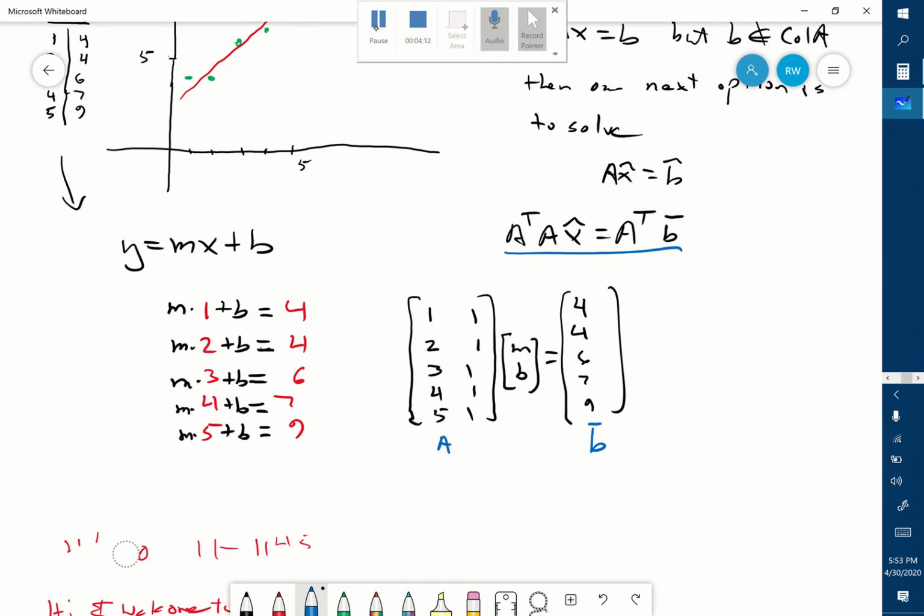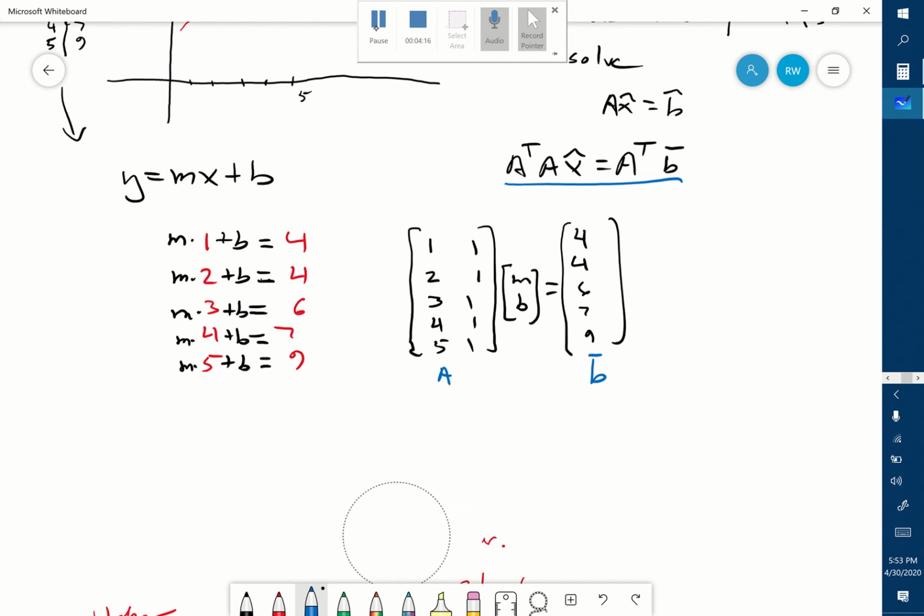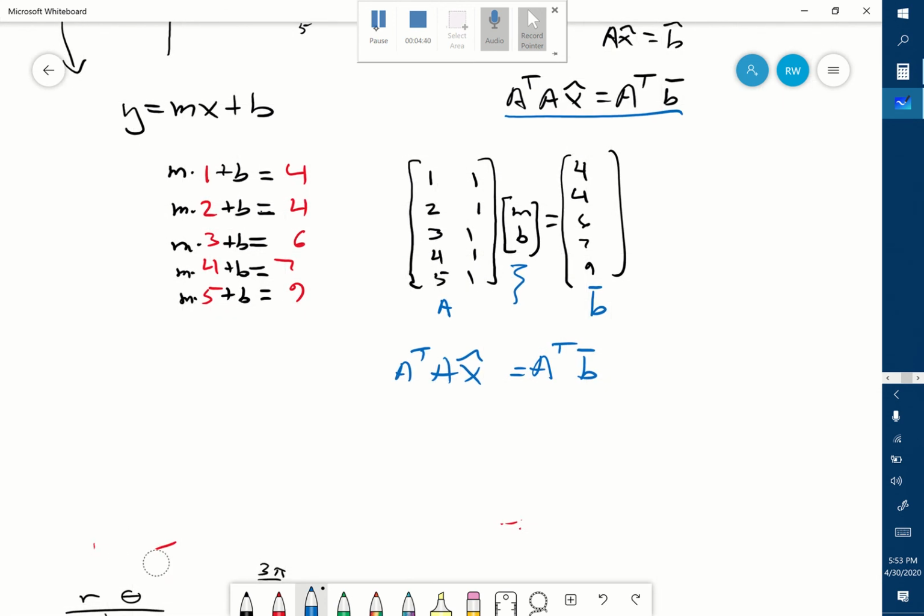So to solve it, we'll use this formula. What we have to do is run it through A transpose A times our unknown x hat, the vector I'm calling x hat, is equal to A transpose b. I took the liberty of doing the calculations so this is faster.